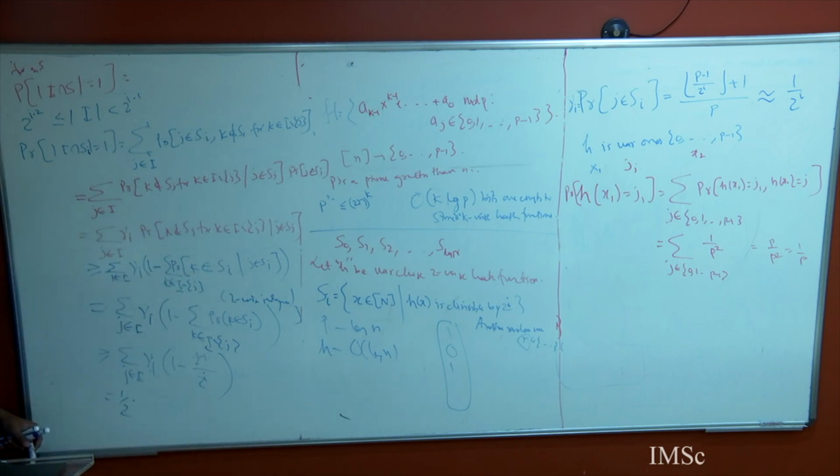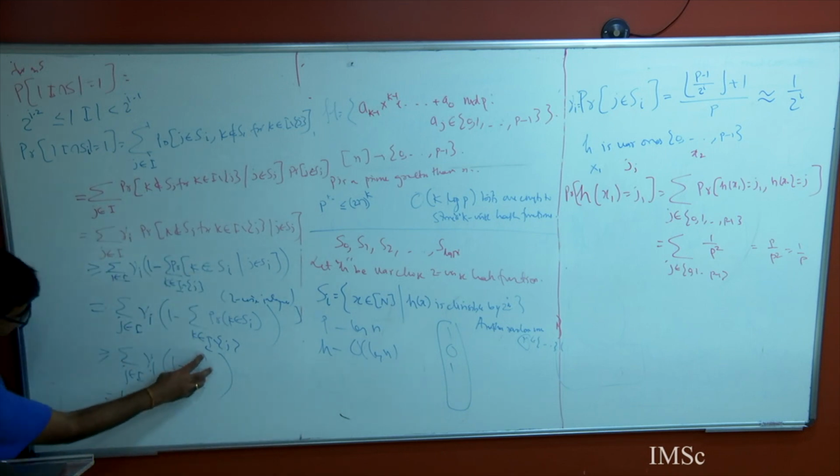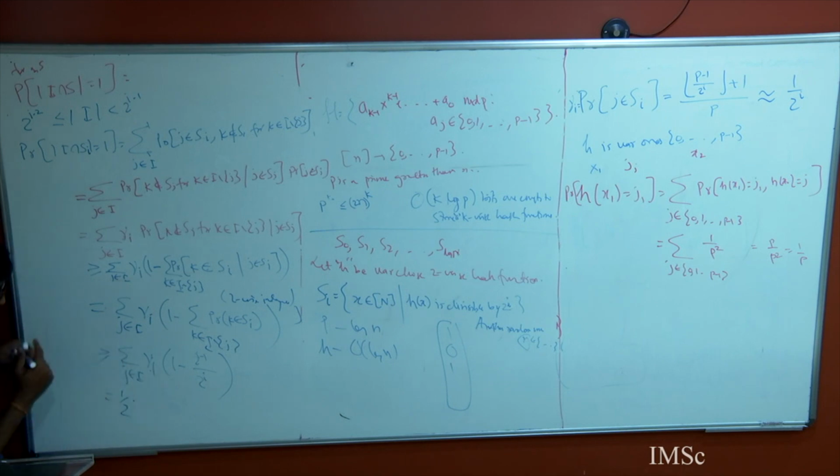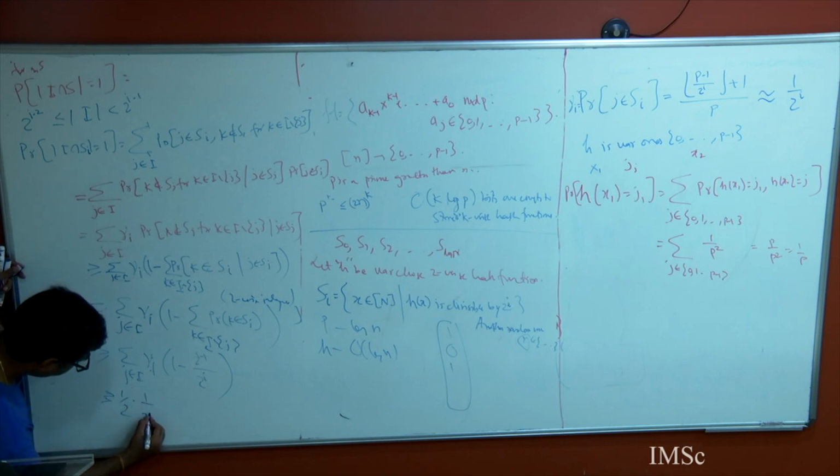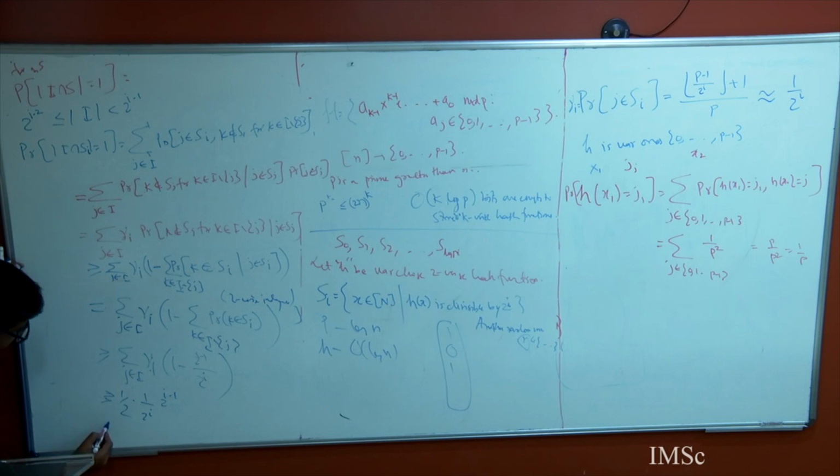So, what do we get? This we get half and summation j in I, gamma j. So, what is this? 1 over 2 power i minus 1. So, I is at least this much, right?